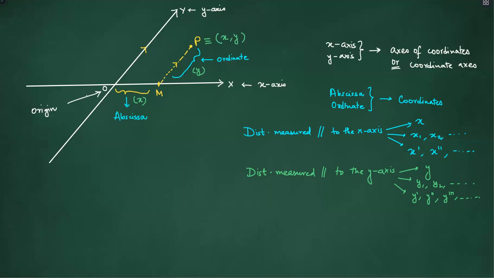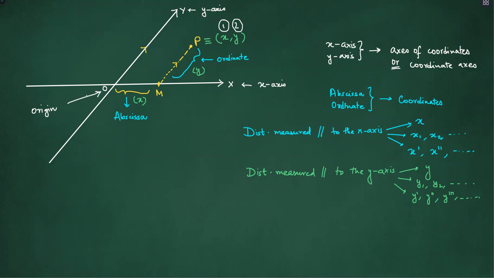Always remember that first we write the x coordinate, or the abscissa, and only after that the second coordinate, the ordinate. For brevity we write it in this manner, that is P is x comma y.